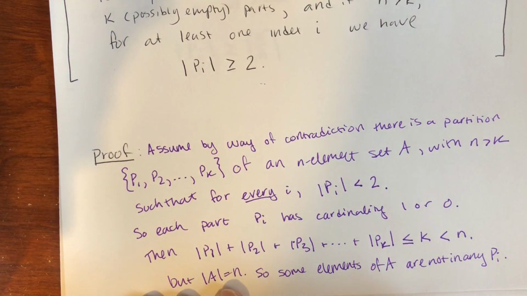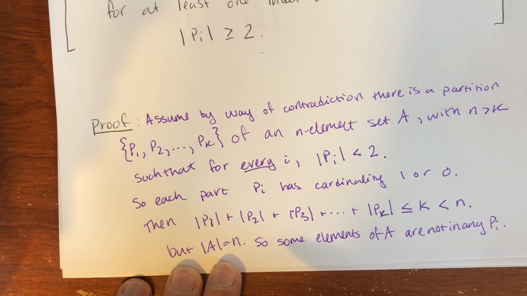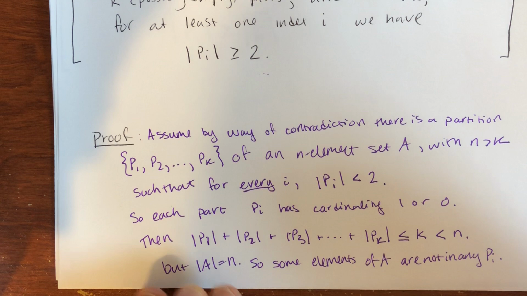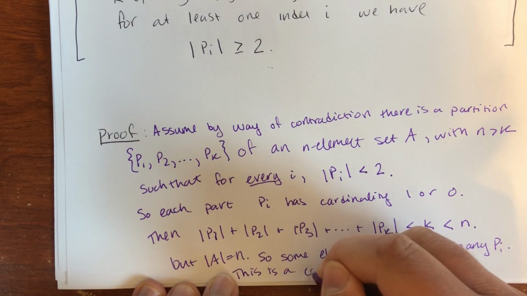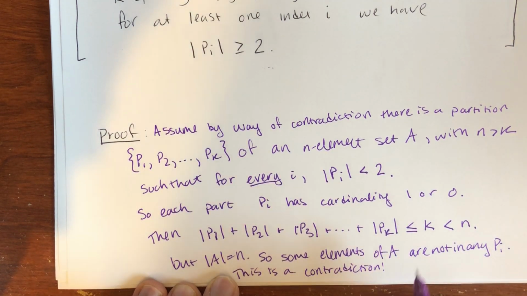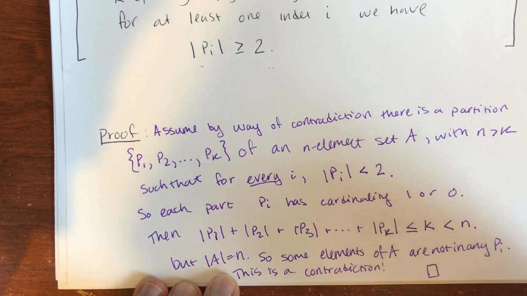And this is a contradiction. That means that this cannot possibly be a partition, and therefore our original pigeonhole principle statement must be true. Therefore, one of these Pi's has to have cardinality greater than or equal to 2.